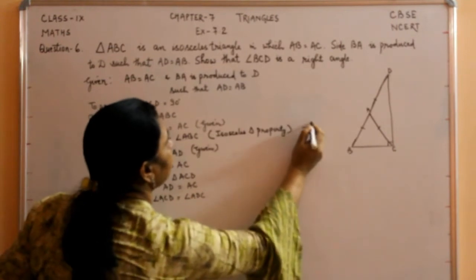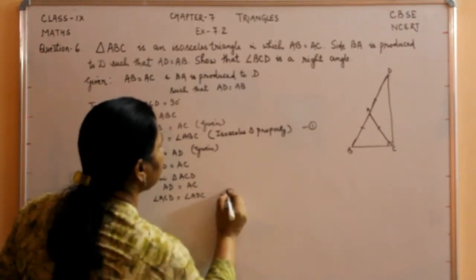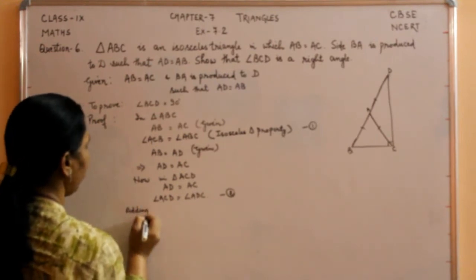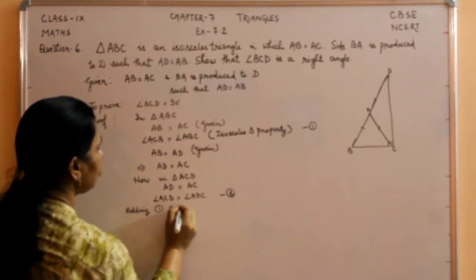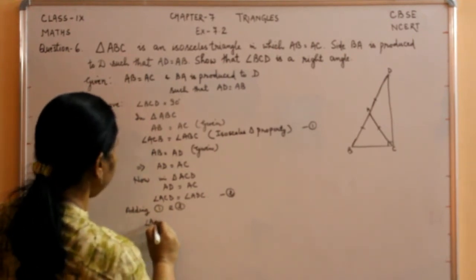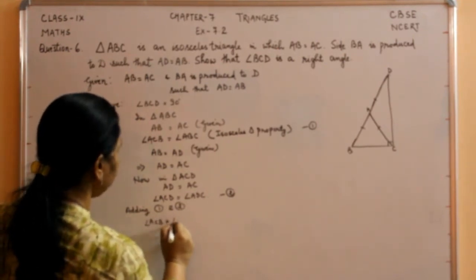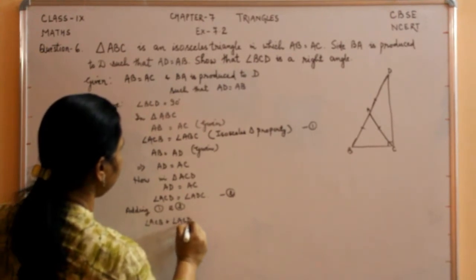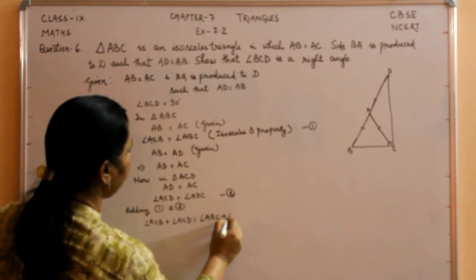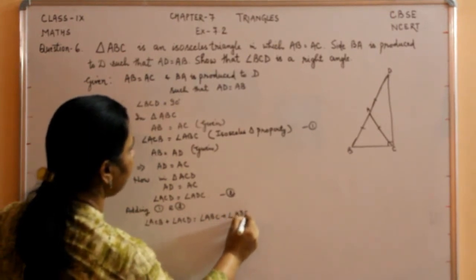Suppose this is our first and this is our second. Adding 1 and 2, we will get angle ACB plus angle ACD is equal to angle ABC plus angle ADC.